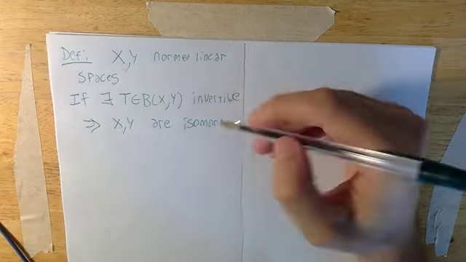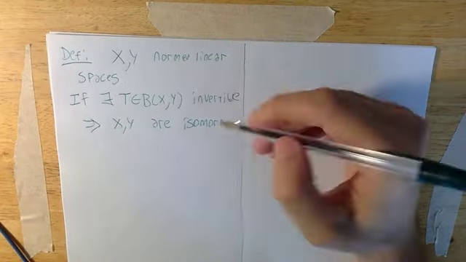So what is the point of this? The fact that spaces are isomorphic means that the structure of X and the structure of Y have to be fairly related to each other.